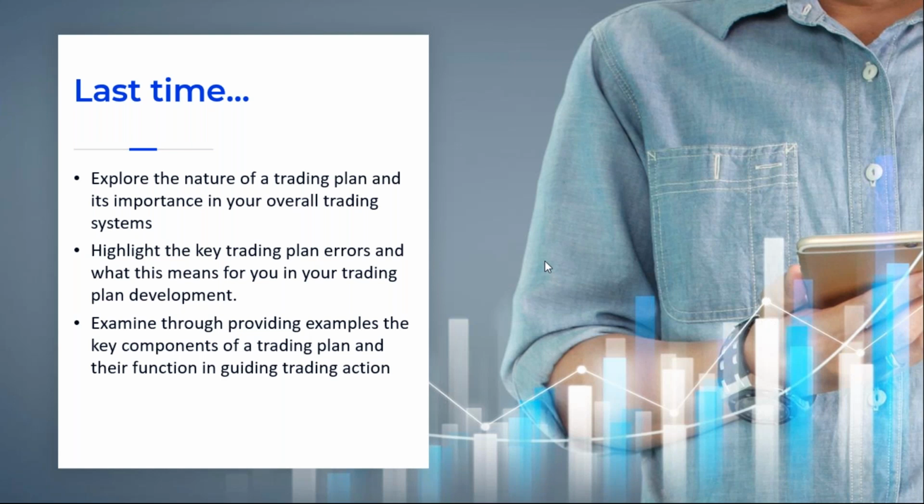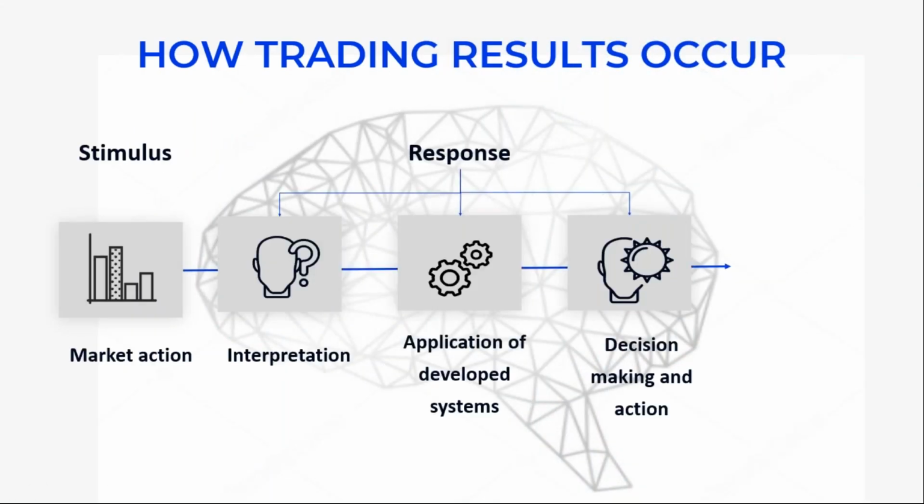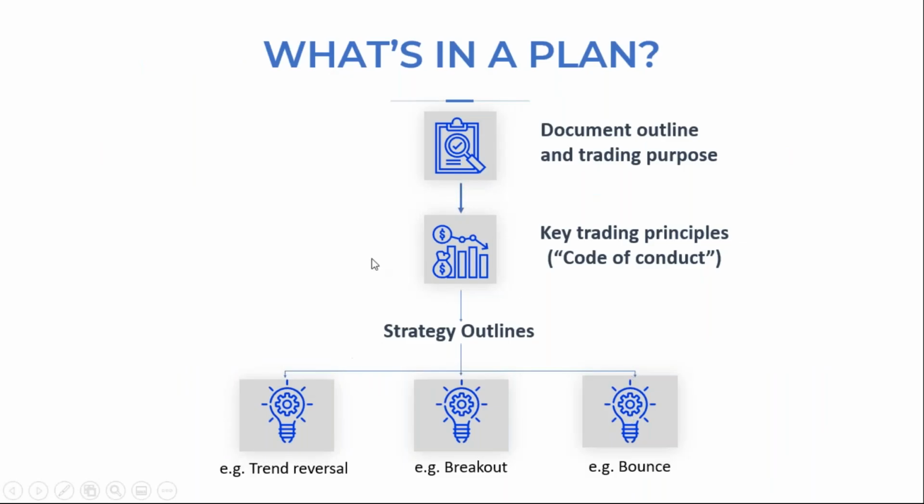Just to reiterate a couple of the key points about how trading results occur: we start with market action, we interpret that, we need to apply these developed systems, and you've got to have the application not only to develop them but also follow through on them and take that interpretation of market action with your systems and make some decisions, and ultimately results occur. We talked about what should be in this plan: your outline, your trading purpose, your code of conduct, which I hope you've started to work on, and of course your strategy outlines.